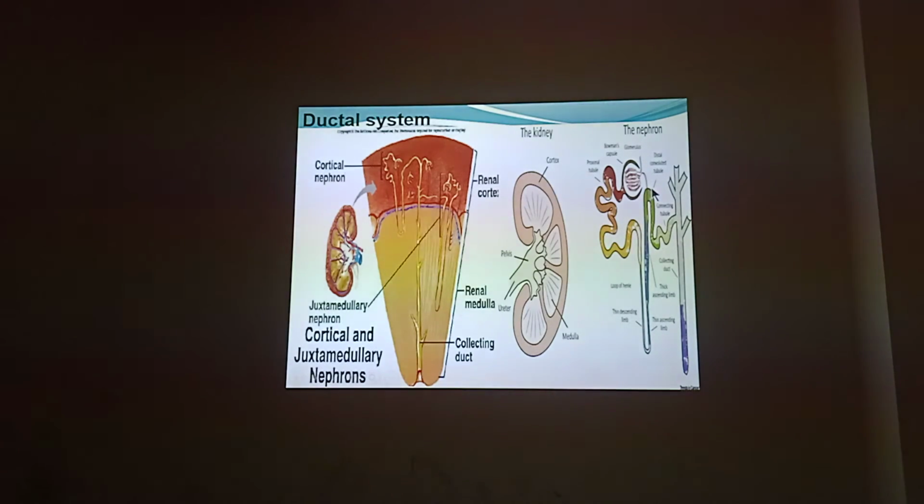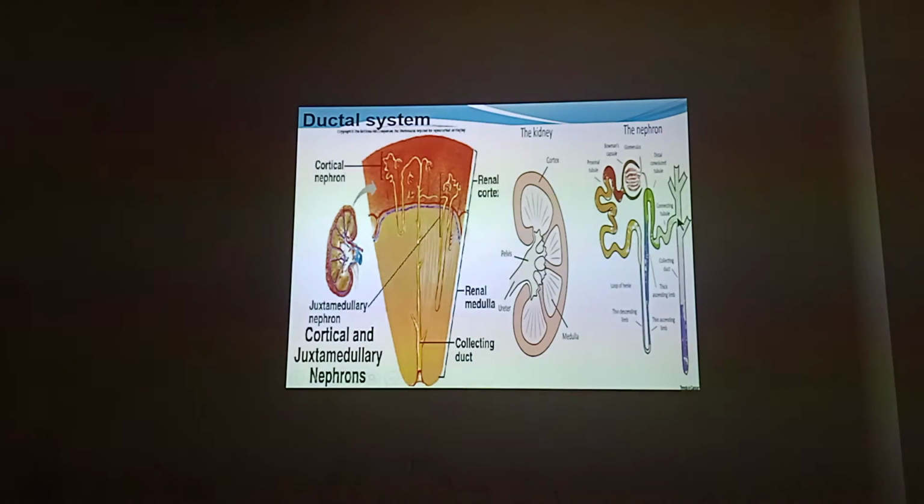Then come the distal convoluted tubules, which go near the glomerulus, and form the juxtaglomerular apparatus. After that, this is the collecting tubule, where my cursor is going, and it opens into the collecting duct.